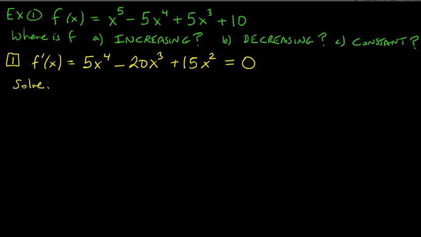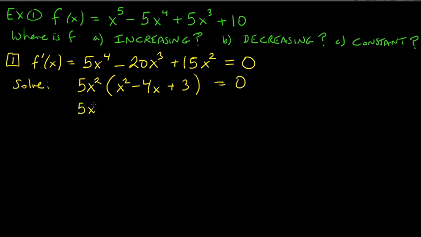And to do that, it might be helpful to notice that 5, 15, and 20 are multiples of 5, so we can factor out a 5. And we can also factor out the lowest power of x, x squared. So if we factor out 5x squared, we get x squared minus 4x plus 3. So you see where this is going, right?